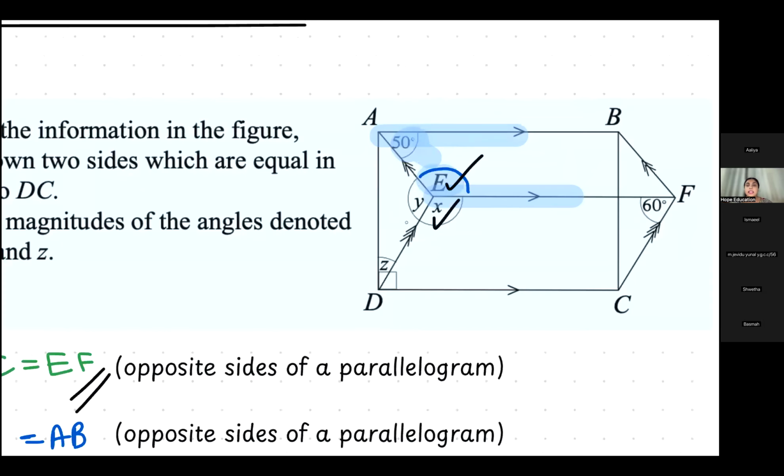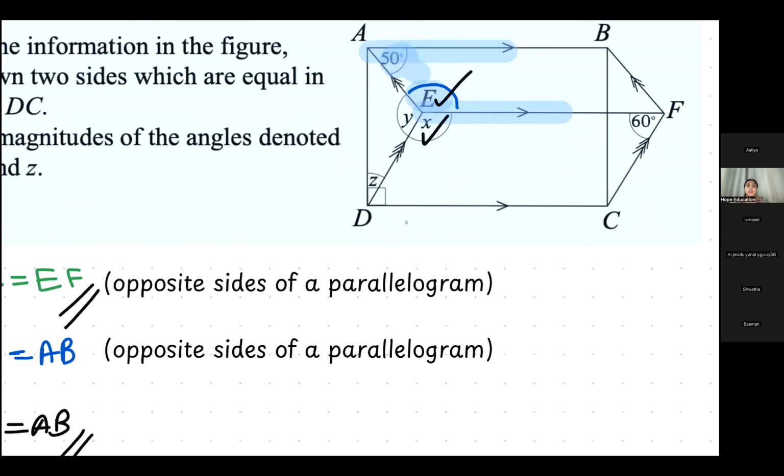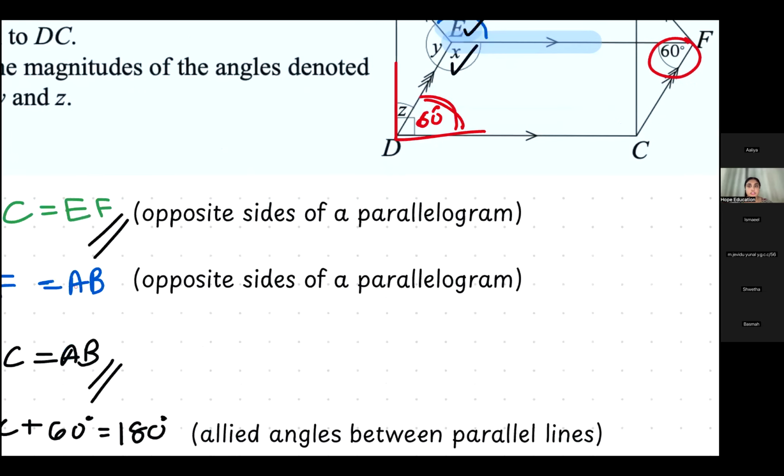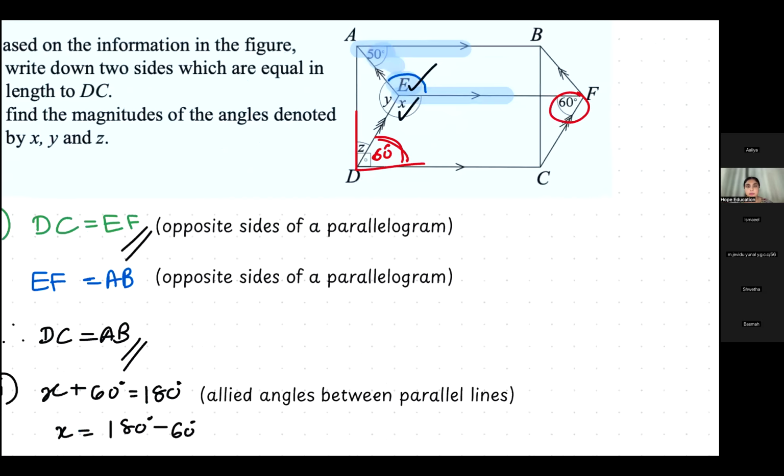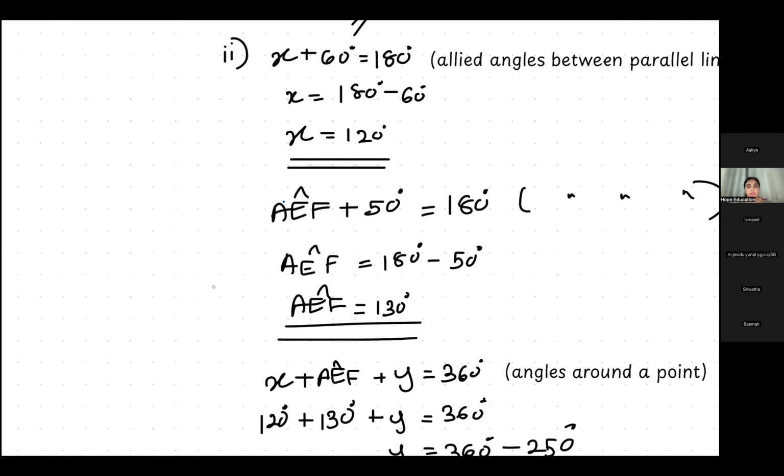Z is easy to find. Why? Because this is 60 degrees, and this is also 60 degrees, because in a parallelogram opposite angles are equal. So this whole angle is 90 degrees, and if this is 60 degrees, this part would be 30, right? So that's how we get that. Let me show you. This angle is called EDC. So I will write it like this.